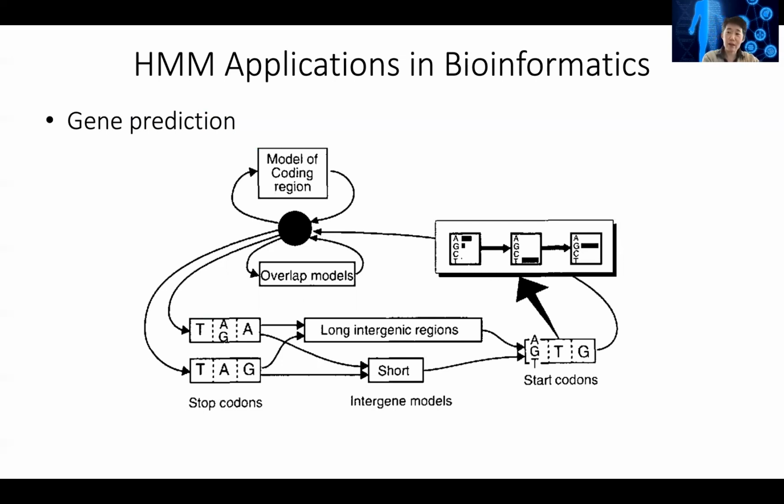You might have, for a gene, a promoter, and then there's a transcription start site. And then you'll start to see exons and introns. So in this case, this is the coding model for the coding region. This is the intergenic region. And this is the stop codon and the start codon in order.